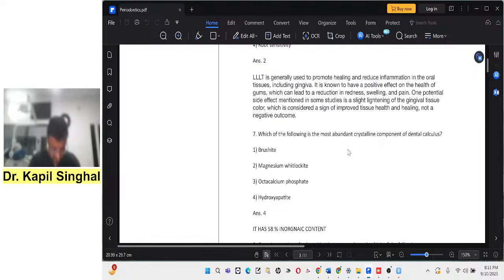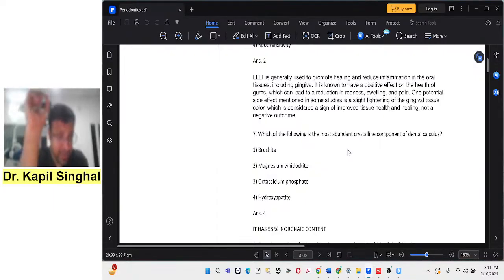Now the next question is, which of the following is the most abundant crystalline component of dental calculus? Now if you see dental calculus, the maximum inorganic amount is hydroxyapatite.